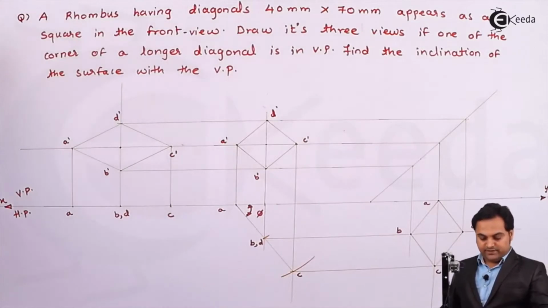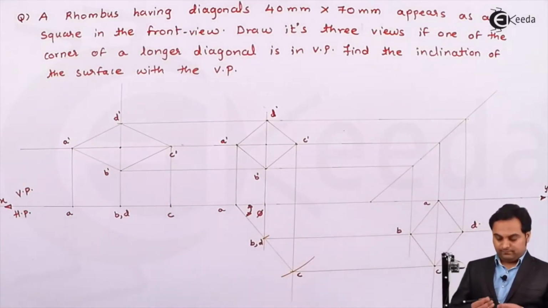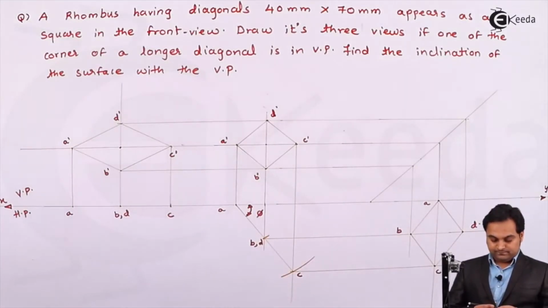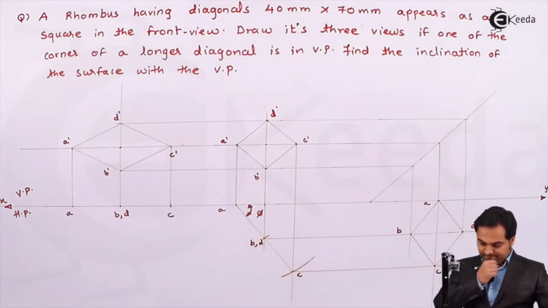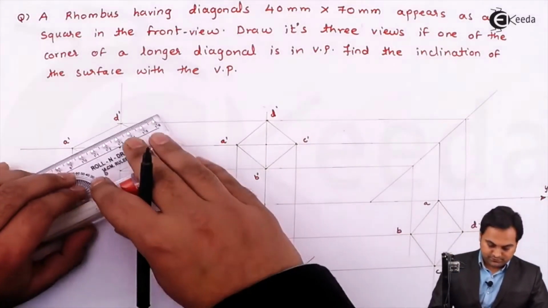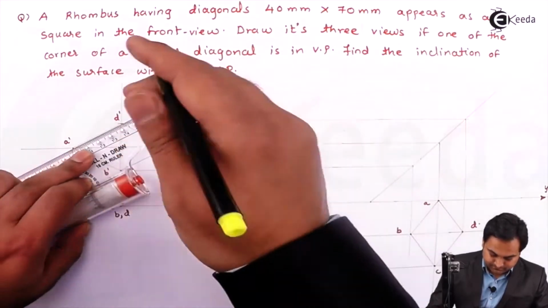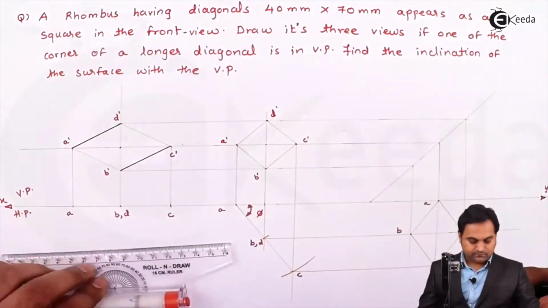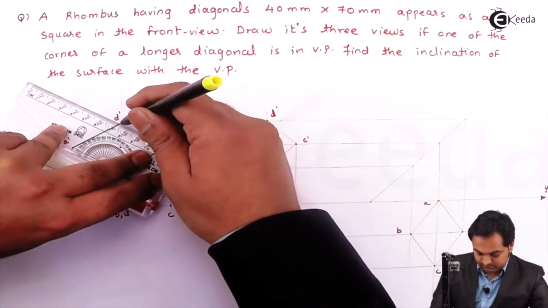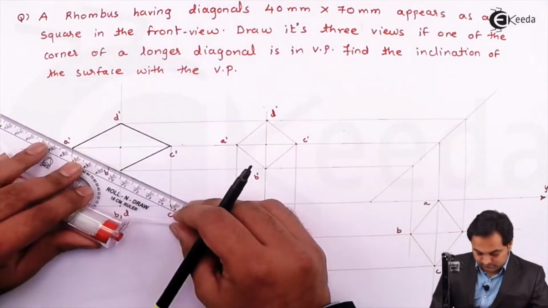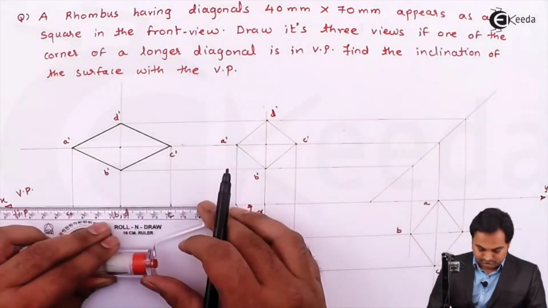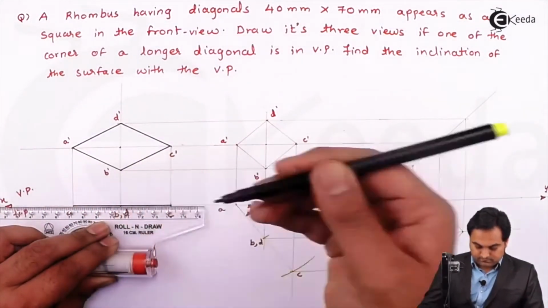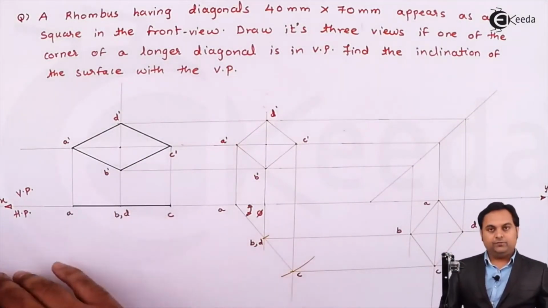Then I'll start making them dark one by one. Starting with the front view. So this is the front view and top view.